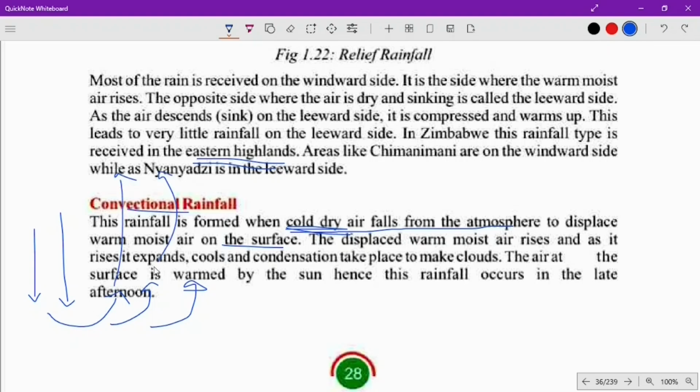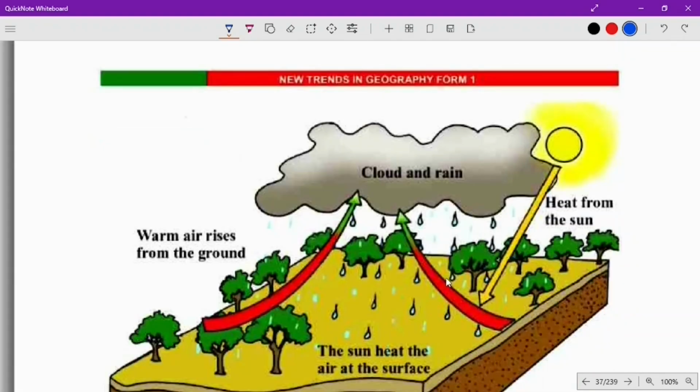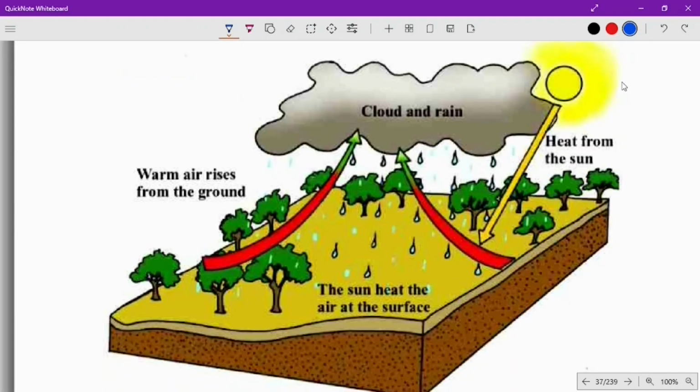Once it rises, it will expand, cool, condensation takes place, and then make clouds. Now, this is convectional rainfall, so it needs a lot of sun or heat from the sun. The sun will hit the ground.